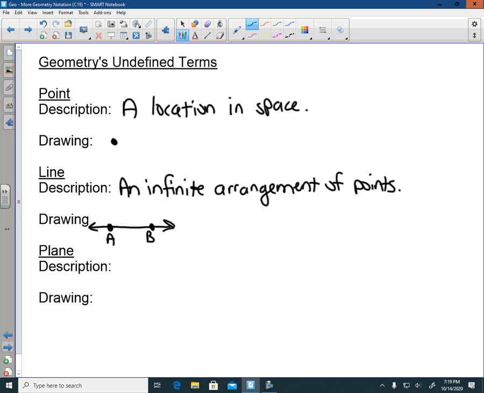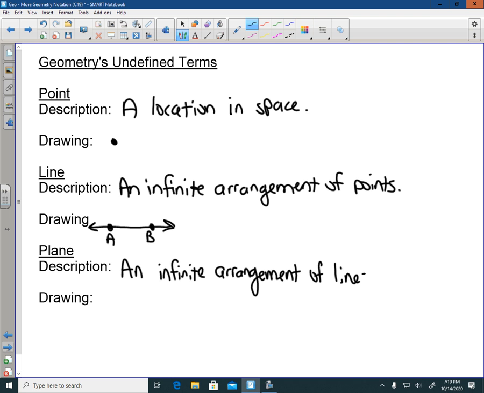Now the other thing that we want to talk about is a plane. If we took a bunch of lines and we laid them side by side, and none of them were parallel to the others, we might have a plane. And so we can describe a plane as being an infinite arrangement of lines.